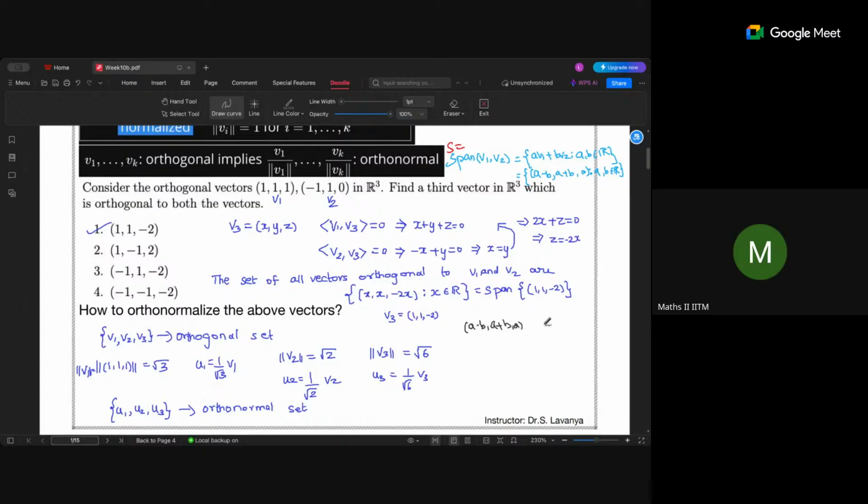And then we will take one vector from here, x comma minus 2x. What is the inner product? ax minus bx comma ax plus bx comma minus 2ax, right? Now you see that, not comma where it's plus, sorry.